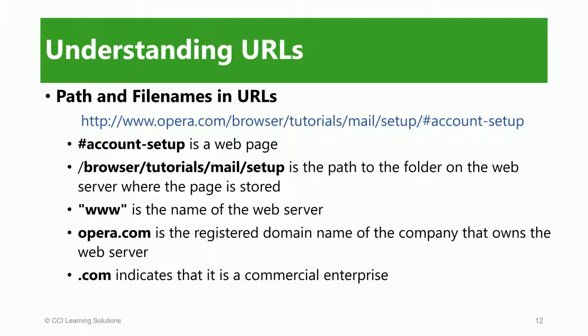Account setup is a web page. The browser's tutorials mail setup is the path to the folder on the web server where the page is stored. www is the name of the web server. Opera.com is the registered domain name of the company that owns the web server, and .com indicates that it is a commercial enterprise.